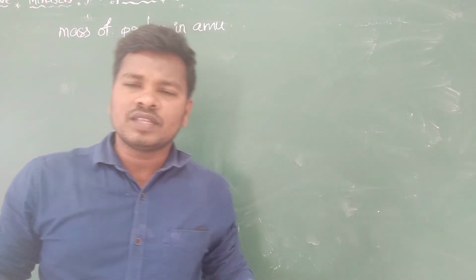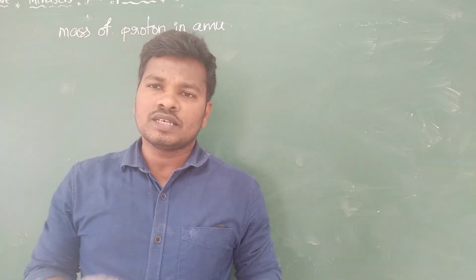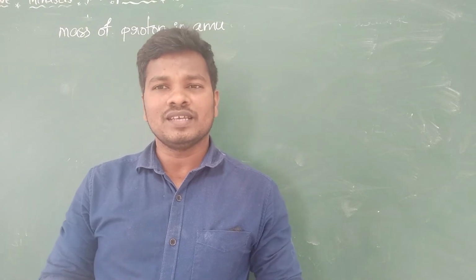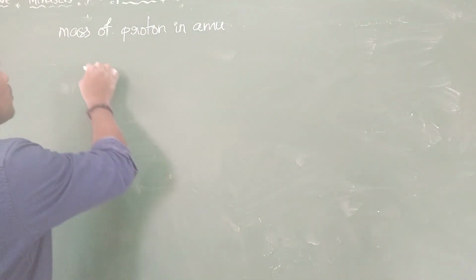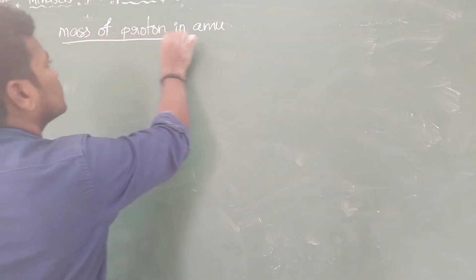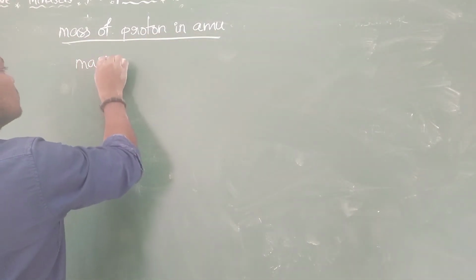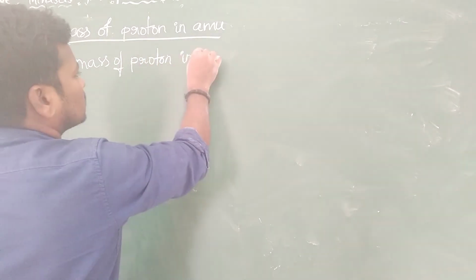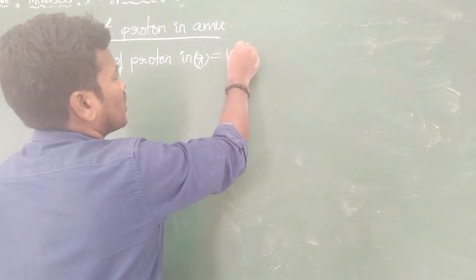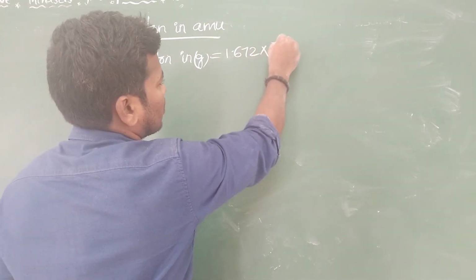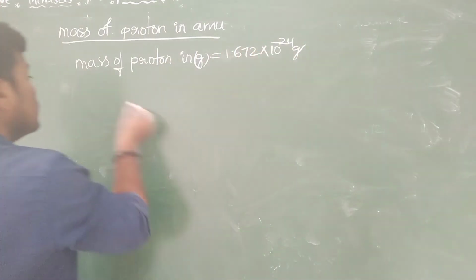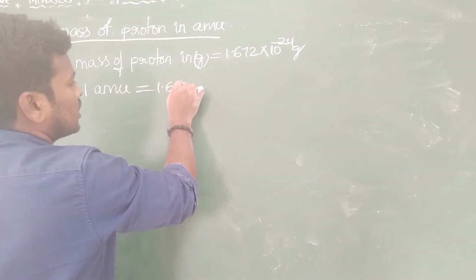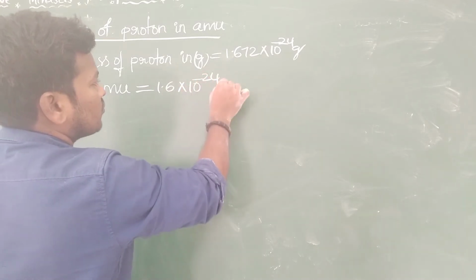Now we got the mass of the proton in grams or kg. How will we convert the mass of the proton to AMU? Mass of the proton in grams is equal to 1.672 into 10 to the power of minus 24 grams. We know that 1 AMU is equal to 1.6 into 10 to the power of minus 24 grams.